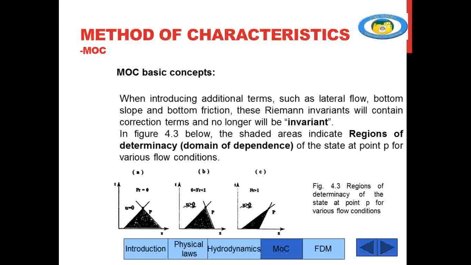Whereas in case of supercritical flow, where the Froude number is greater than 1, only the upstream conditions would influence the flow characteristics at point P, the point where the characteristic directions meet. Only the upstream flow conditions would influence that. So this shaded region is called the domain of dependence or zone of dependence.